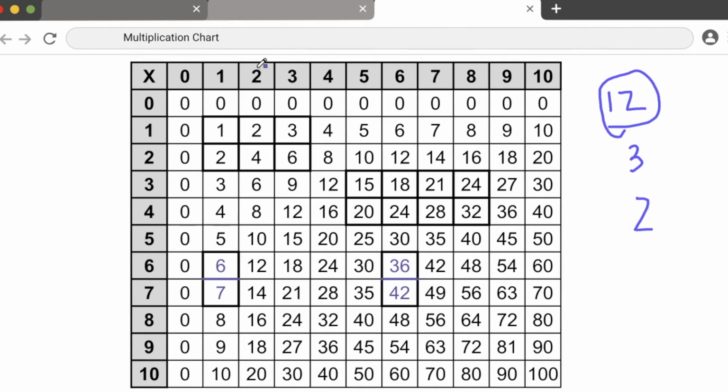So I'm going to start looking on my multiplication chart in my 2's column, and I see a 12. Okay. Let's see in my 3's column if I find a 12. I do.